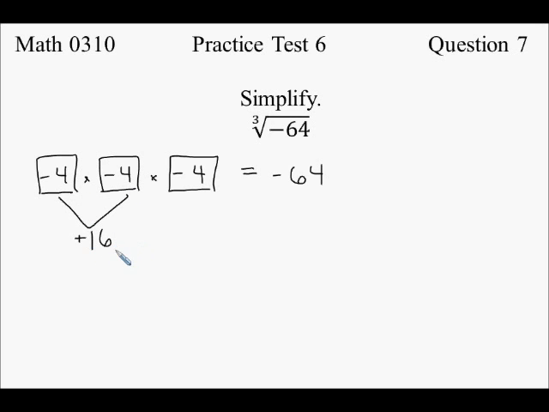And now if we take this positive 16 times this last copy of negative 4, a positive times a negative would give us negative, and 16 times 4 is 64. So it looks like negative 4 is the number we're looking for. So the cube root of negative 64 is negative 4. And that is answer choice A.